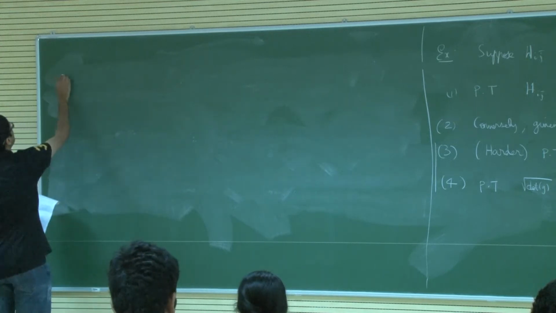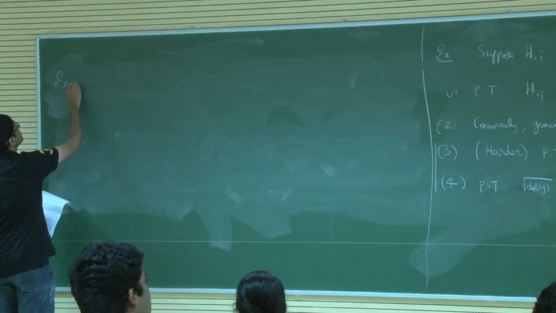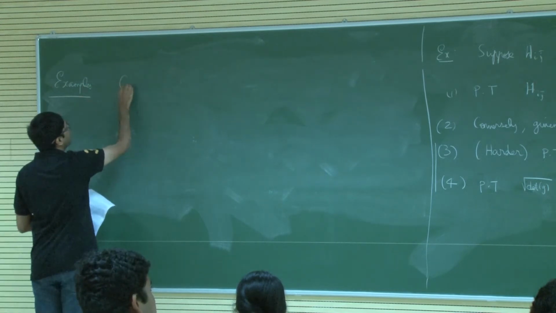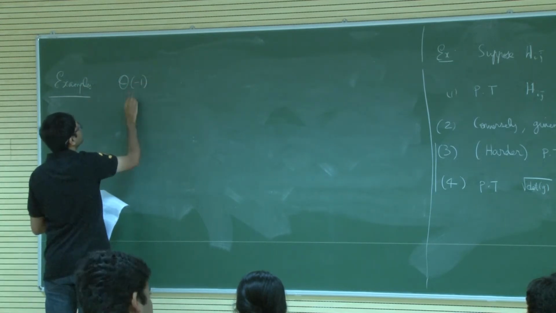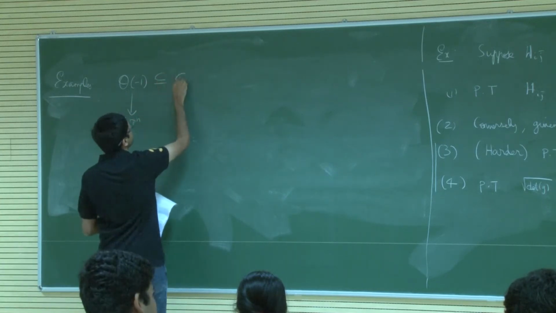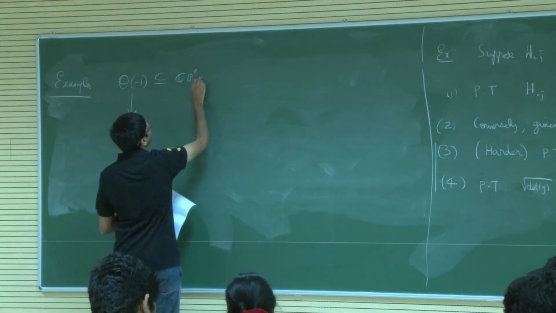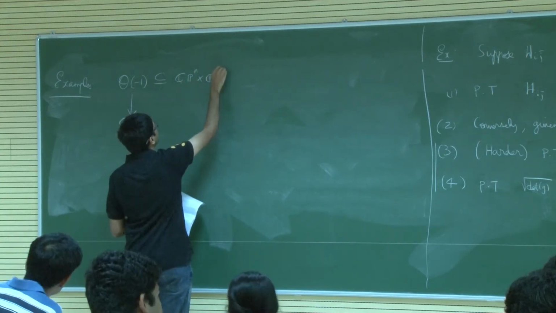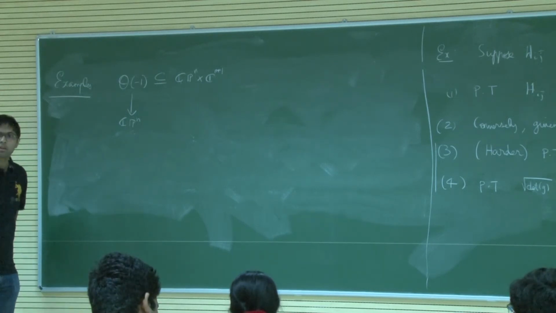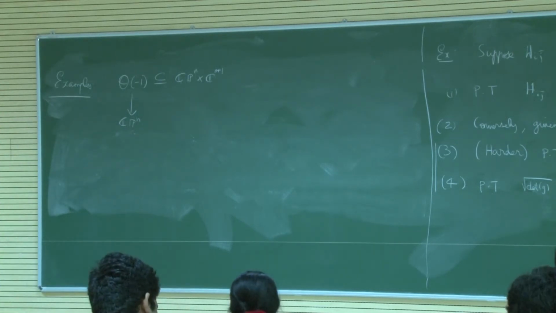So far we have not done any examples. Here's an explicit example of a metric. Take O(-1) over projective space. What is O(-1) again? It's a certain subset of CP^n × C^(n+1). I claim that this has an obvious metric. What metric can I choose?